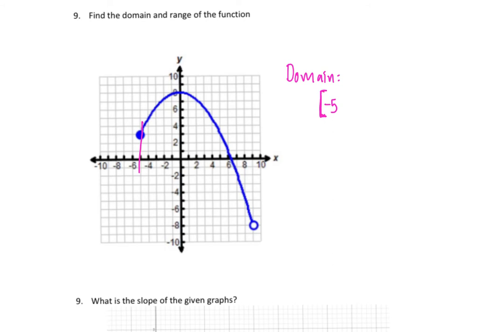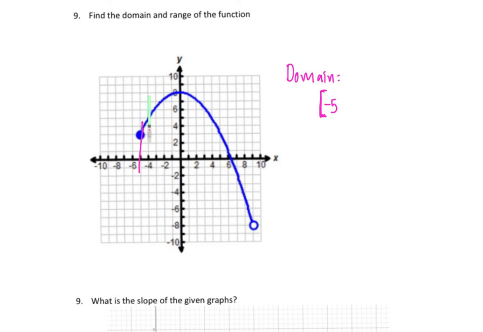Okay, so I'm going to start there, and then my graph goes up, and I have something up here all the way until I get all the way down here, and this is where my graph is stopping. That is the stopping value of my function. Now that is the point 9, -8.